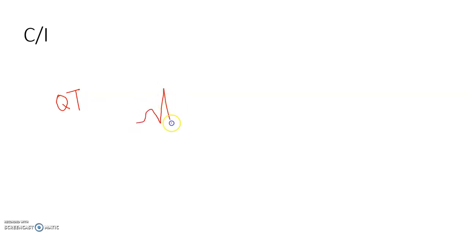So we have the PQRST, and the QT interval, you have to beware of its prolongation. You should be cautious when giving it to patients with QT issues or potential QT issues. And also you have to be cautious in patients with cardiac conduction disorders.